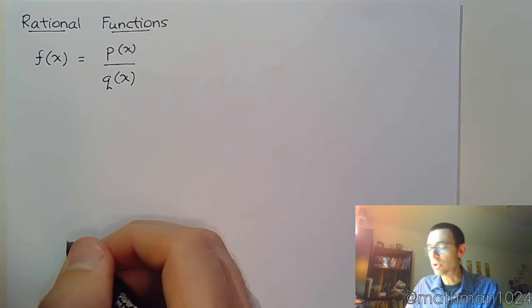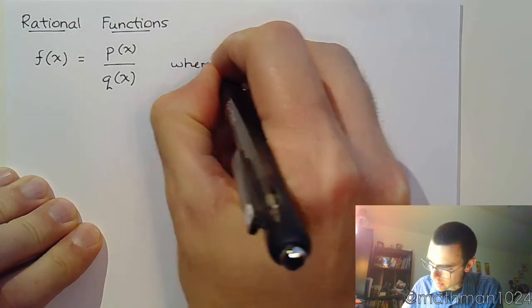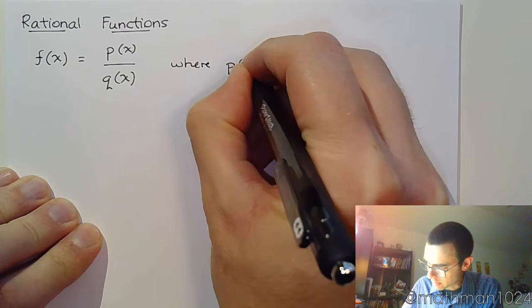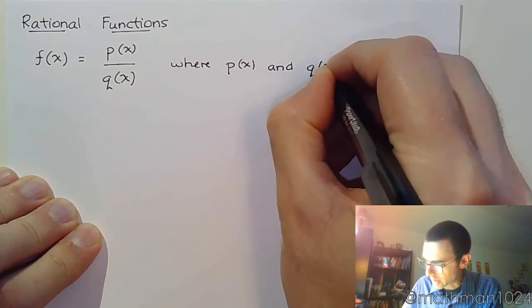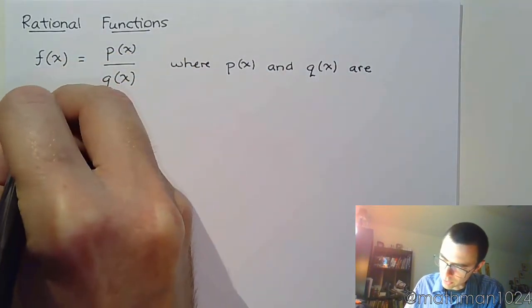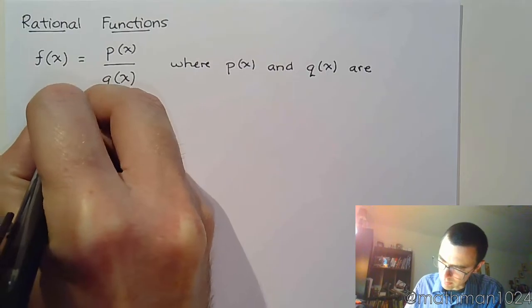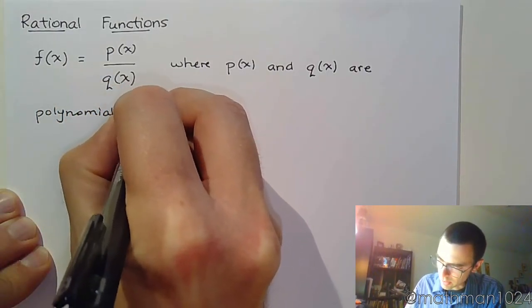It's a quotient of two other functions, where both p of x and q of x are polynomial functions.